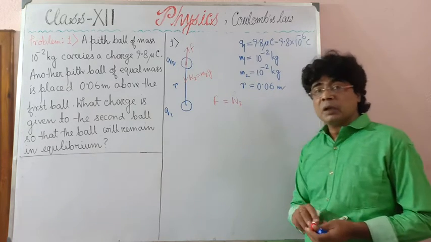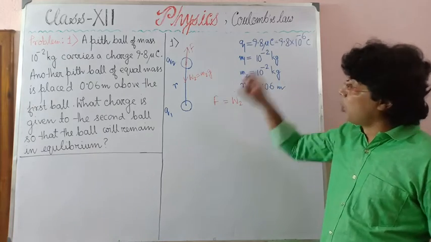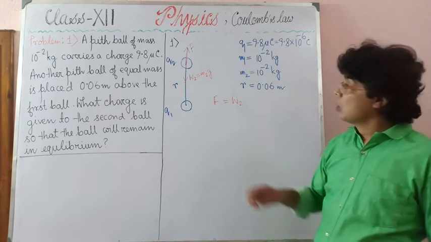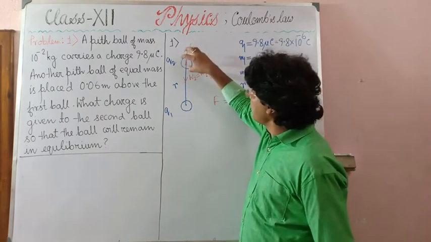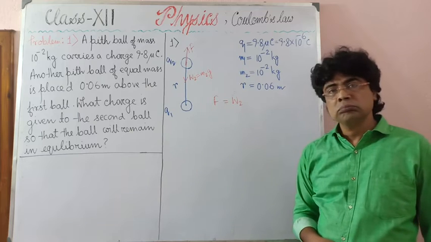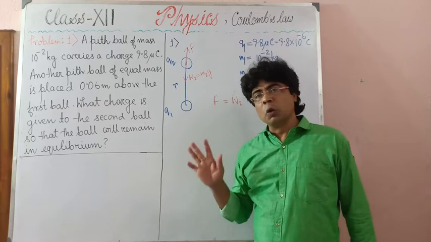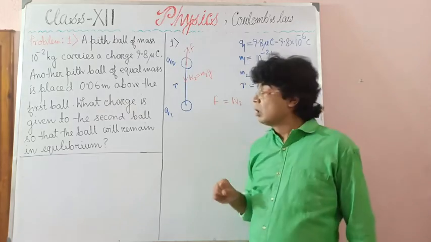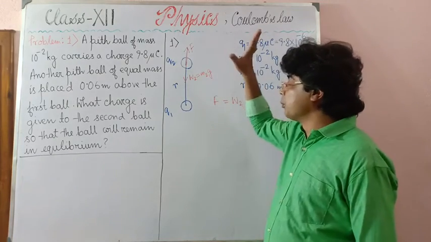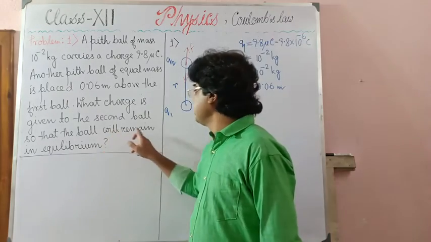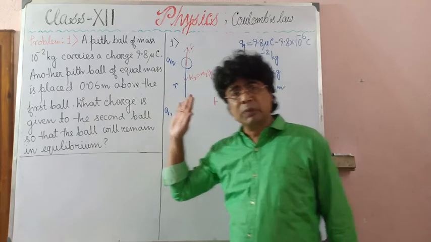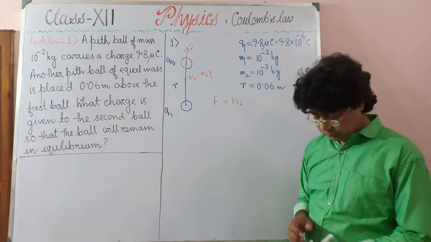Then the net force on the second pith ball would be 0, and the second pith ball will remain in equilibrium. Okay.